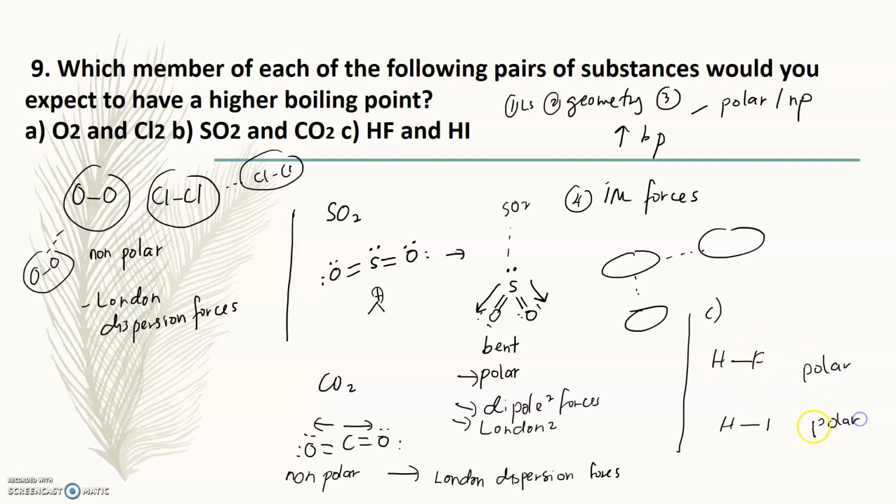So what intermolecular forces exist? For HF, if polar, it is either dipole-dipole or hydrogen bond. So remember, hydrogen bond is the interaction of hydrogen with fluorine, oxygen and nitrogen. So the force between hydrogen fluoride molecules is hydrogen bond.